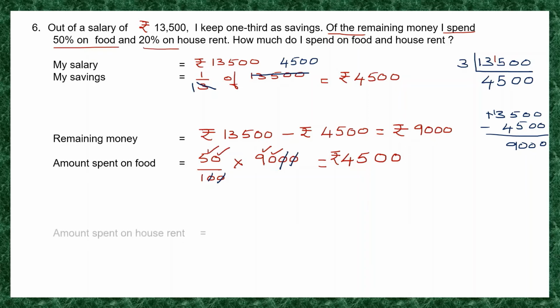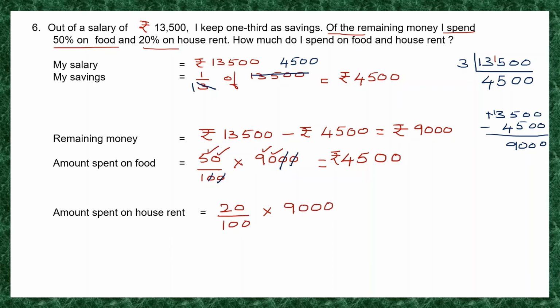Now, how much do I spend on house rent? I spend 20%. So that also I need to find out. The amount spent on house rent will be 20 by 100 into 9,000. That is the remaining money. Let's cancel 2 zeros here and 2 zeros there.